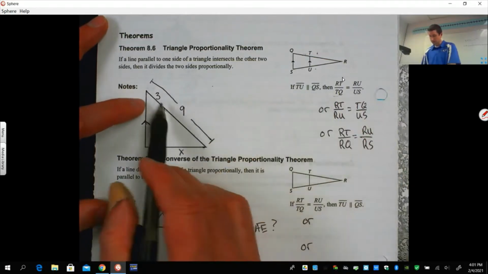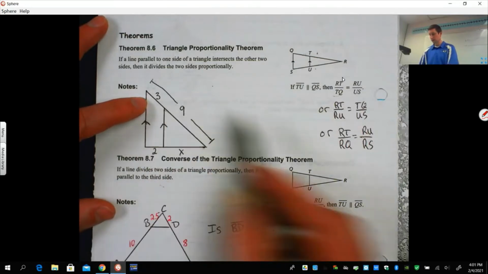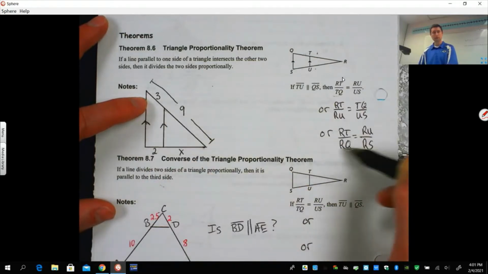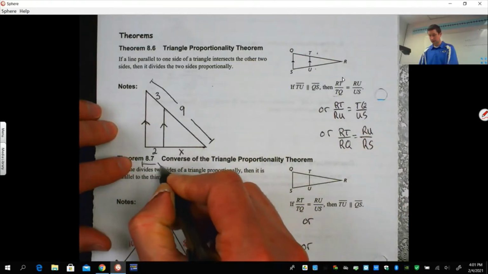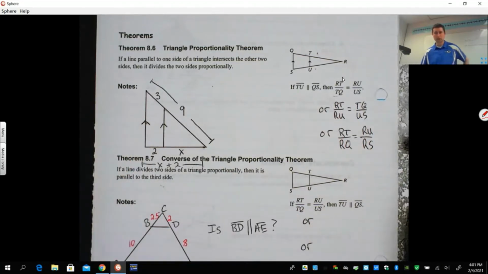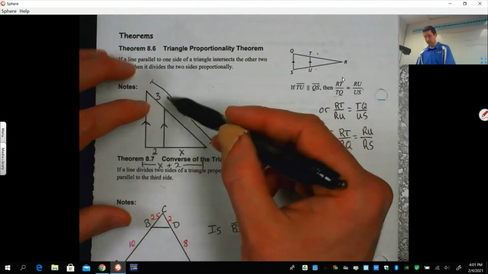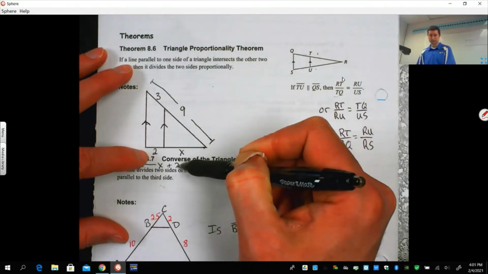That's what we have going on here: we have a 3, we have a 9. There's a couple ways you can go about it. You can use the entire parts here, but then you have to write a new expression, x plus 2, and you get into a little more algebra, which is definitely possible. You'd do 3 over 9 equals 2 over x plus 2, and then solve for x.